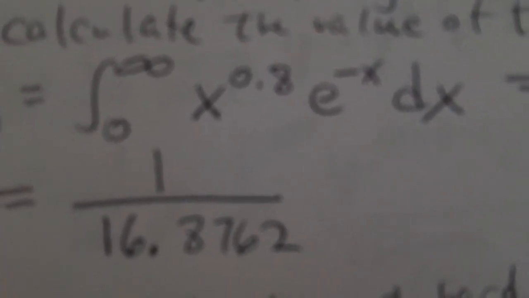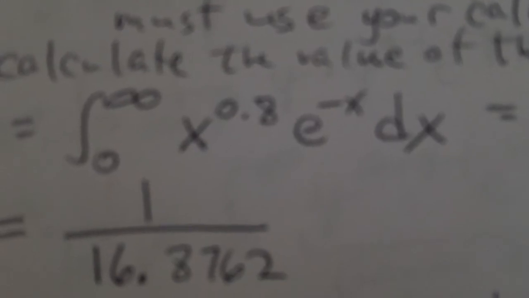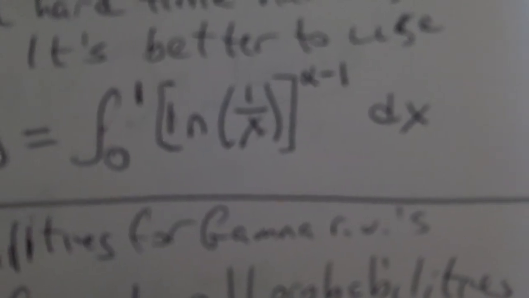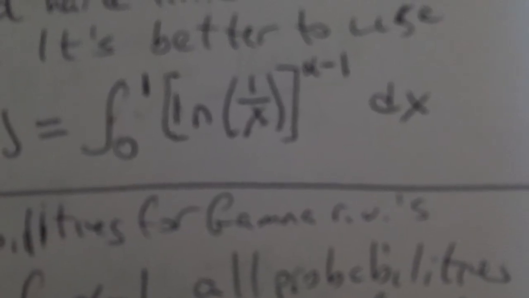Sometimes it'll tell you it's 0, and you actually have to lower that upper endpoint to something a lot smaller. So the easiest way to go about doing this is to use an alternate definition of gamma of alpha, which is right here. It's the integral from 0 to 1 of the natural log of 1 over x, all raised to the alpha minus 1. If you do that, I've never had an issue on the calculator getting the value out.